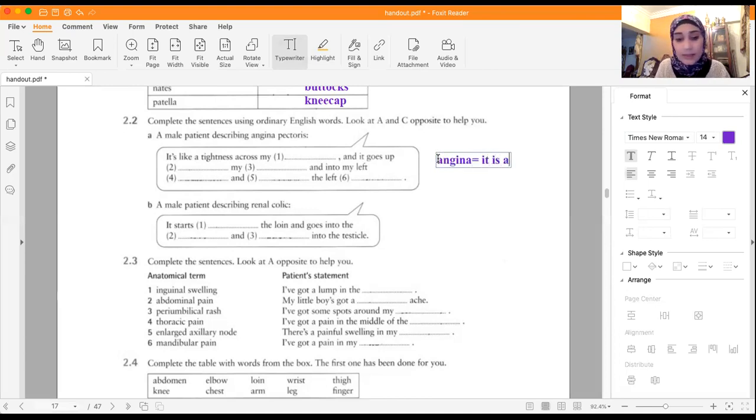It is any attack of painful spasm characterized by sensation of choking or suffocating.